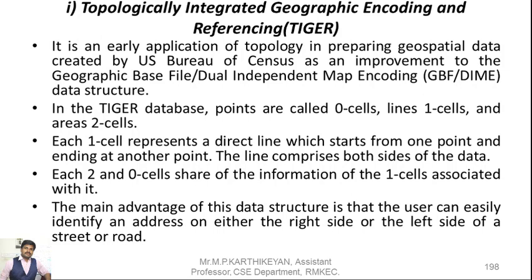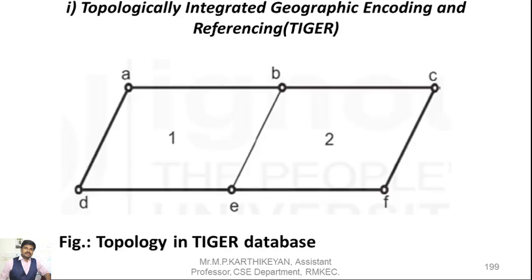This is the topologically integrated geographic encoding and referencing technique. I will show you the example itself, don't worry. The main advantage is that the user can easily identify an address on either the right side or the left hand side. That is how we are segregating the data in the data structure.